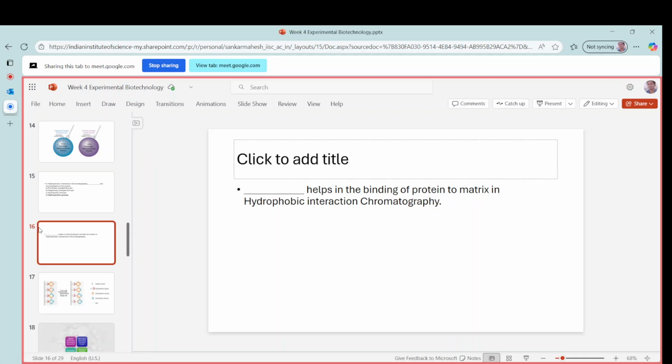Now, on a related note, dash helps in binding of protein to matrix in hydrophobic interaction chromatography. So now we are trying to understand under what environmental conditions will a protein bind to the beads of hydrophobic interaction chromatography.